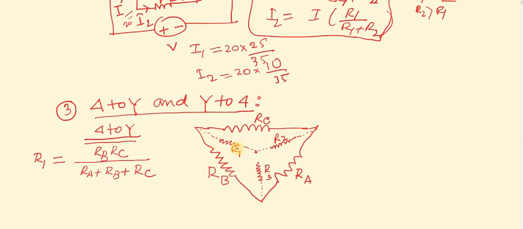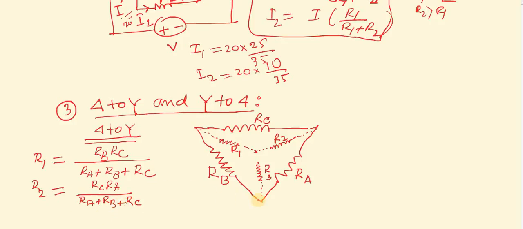Likewise, say we are going to find R2. What will be R2? The R2 will be the multiplication of these two adjacent resistances, which will be Rc Ra divided by the sum Ra plus Rb plus Rc.